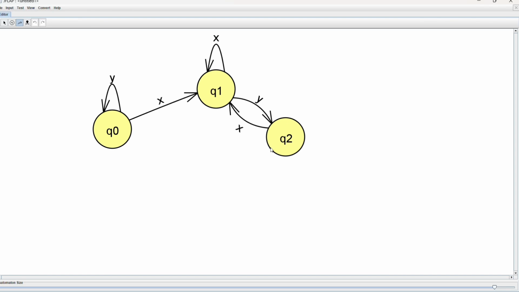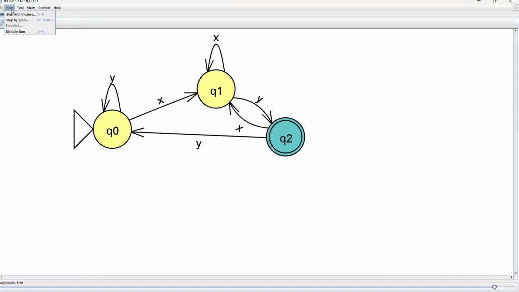Now we are going to set the initial state and the final state. So Q0 is the initial state, and Q2 is the final state.